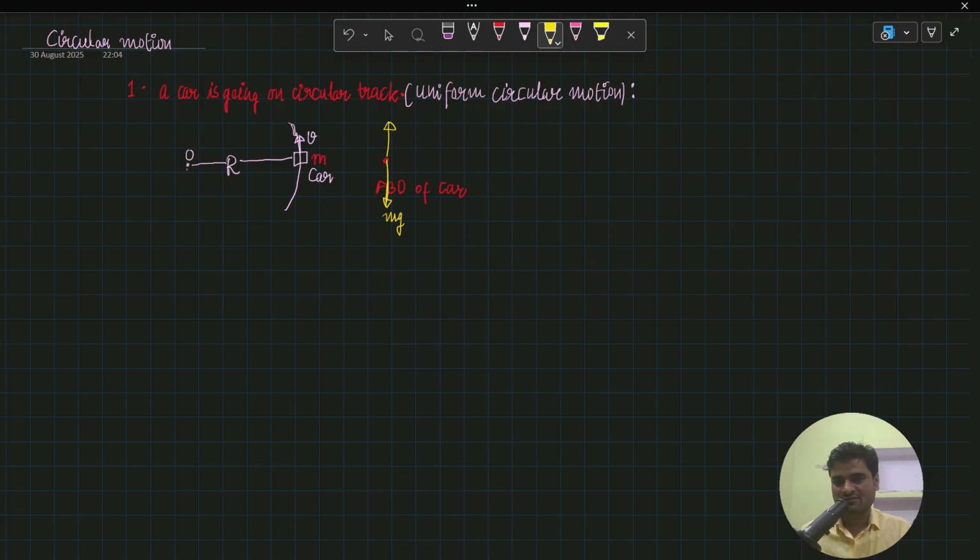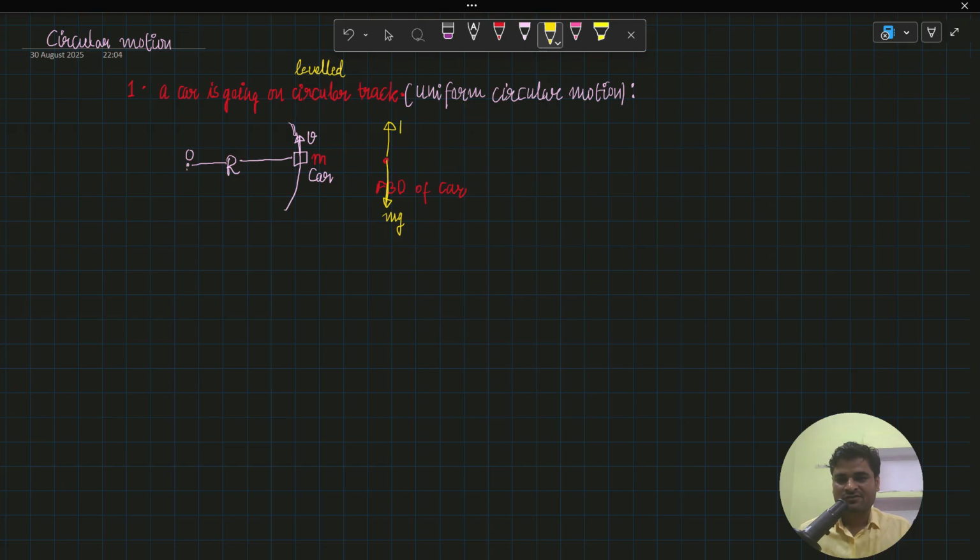This circular track is a level, plain circular track. Level means there is no inclination.